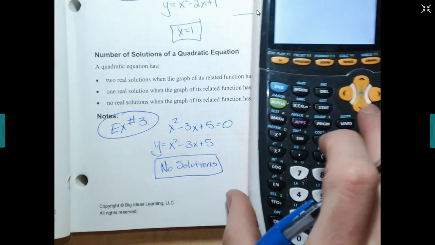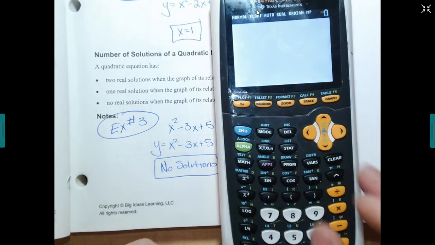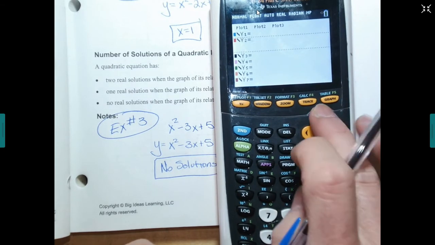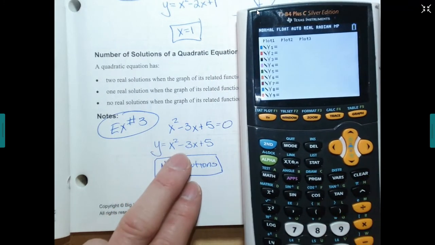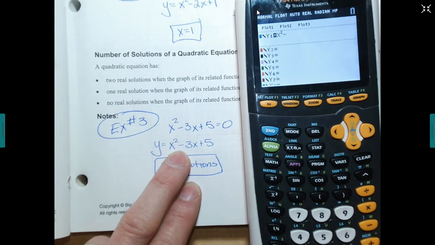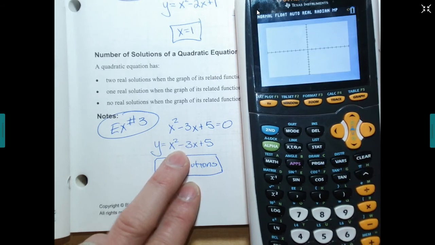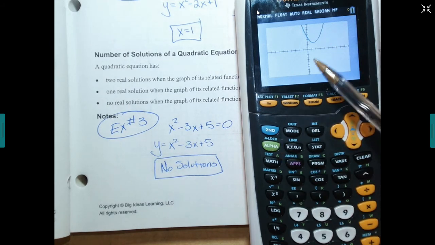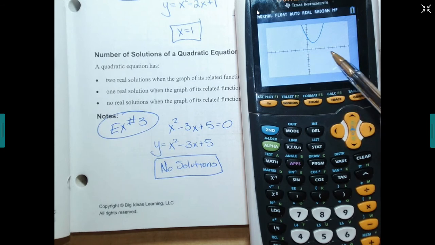So if we go back here and we clear these and we put it in, same thing, x squared minus 3x plus 5, and then we graph it. We see that the graph, the quadratic, ends up way up here. And we have no solutions. There's no place where it crosses the x-axis. So there are no solutions.